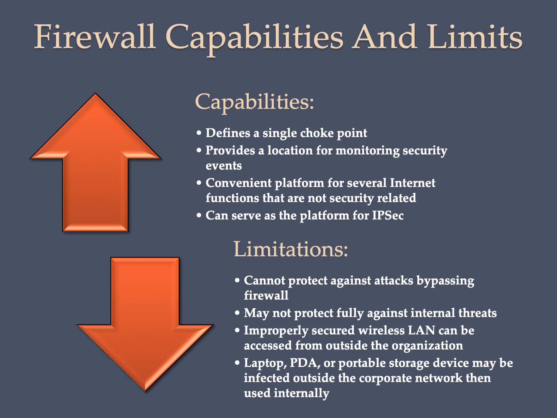So capabilities: you can define a single choke point. Well, obviously, having a single choke point would make every packet that enters the network slow down, right? But that's something you need, right? It can also serve as a platform for IPsec.